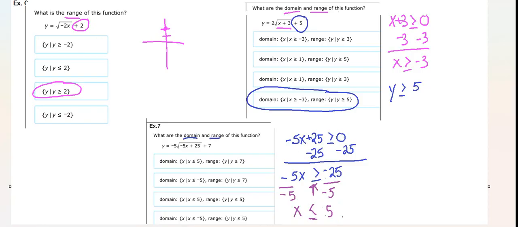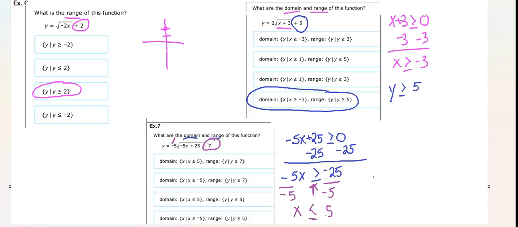Now for the range, we see that we have this +7 here. And they're all going to be less than or equal to 7. And the reason for that is because with these negative numbers, like this negative sign here, it actually flips the graph also.